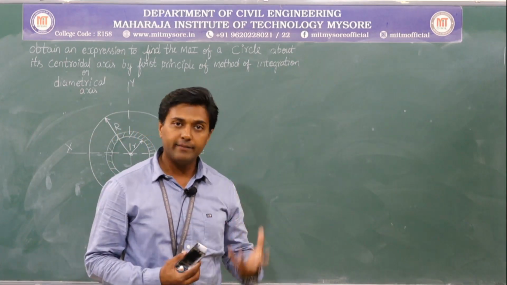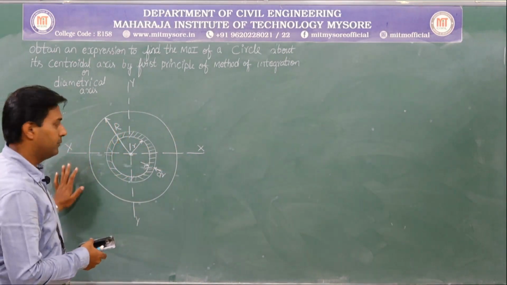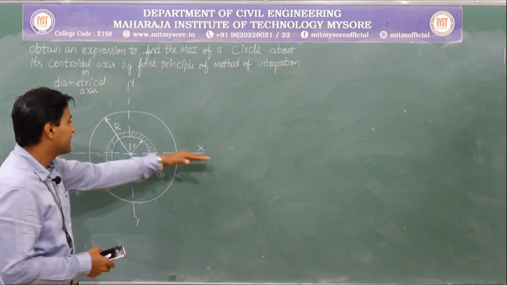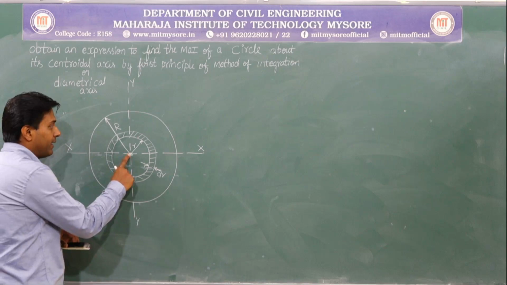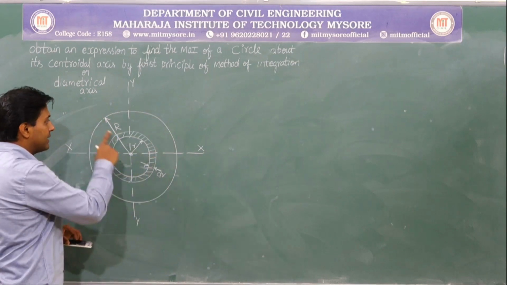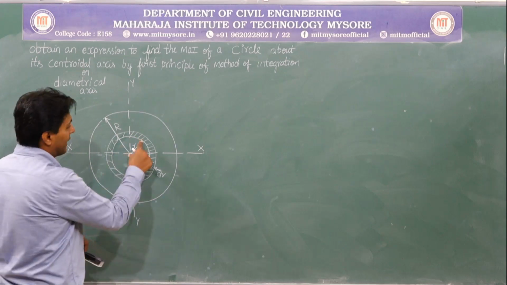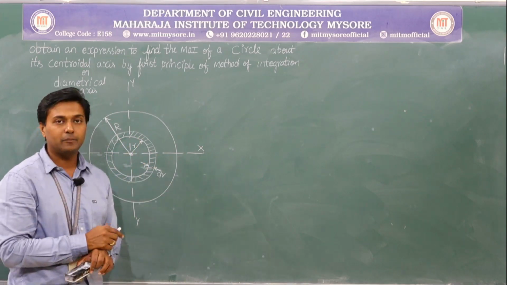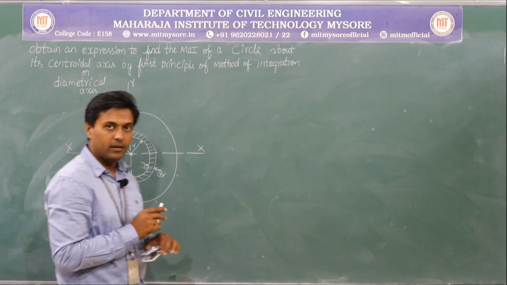To derive that expression, I have considered a circle which is symmetrical about the y axis and x axis. Okay. So now the radius of this circle is capital R, the radius of this elemental strip is r, and the thickness of that elemental strip is dr. Keeping that in mind, let me proceed.